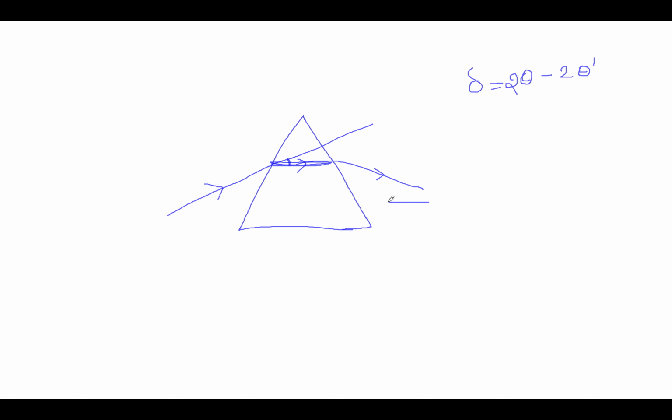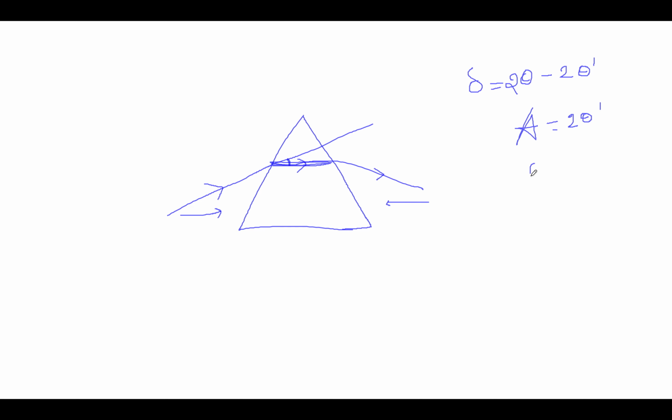Whether you go from this side to the other side or the other way around, it looks symmetric. Here the ray goes in, the ray goes flat, the ray comes out. If I go from the other side, the ray goes in, it's flat, it comes out. It's completely symmetric. So that's why all the angles become equal to each other, and A, which is theta 1 prime plus theta 2 prime, is simply now 2 theta prime, right?